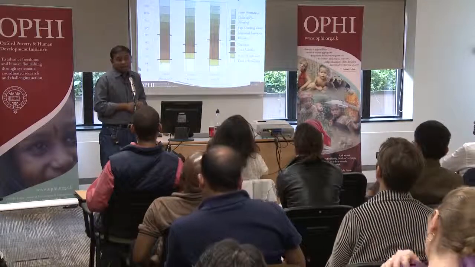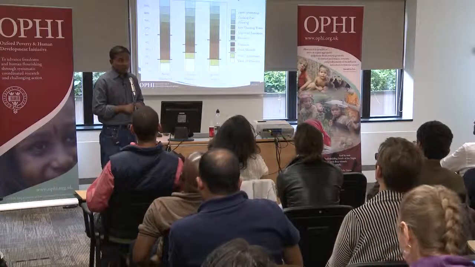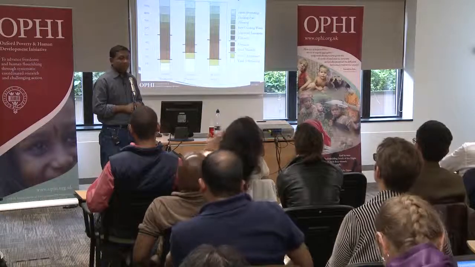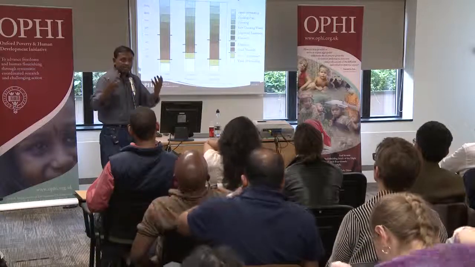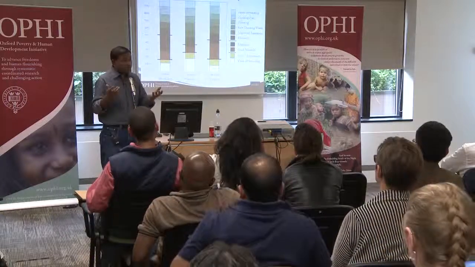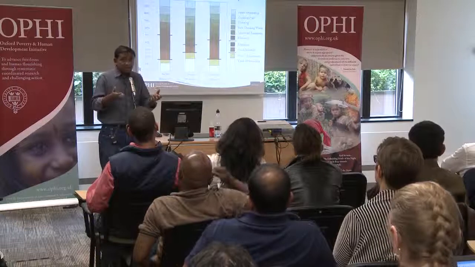So weights are the same across indicators in all these 3 countries, but you can see quite different contributions across these indicators. So it actually tells you which dimension probably requires more attention immediately in that particular country.